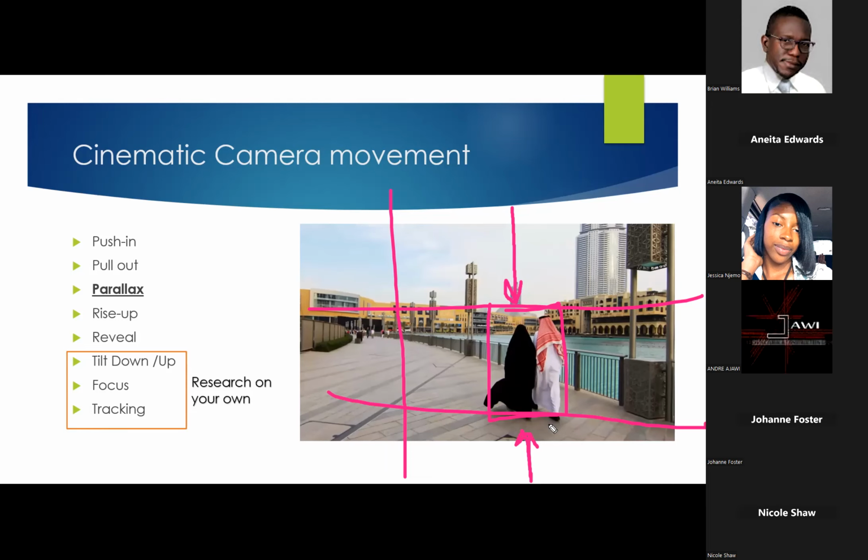Anybody? The grid. Right, but what is it called? Rule of thirds. Exacto. Rule of thirds.